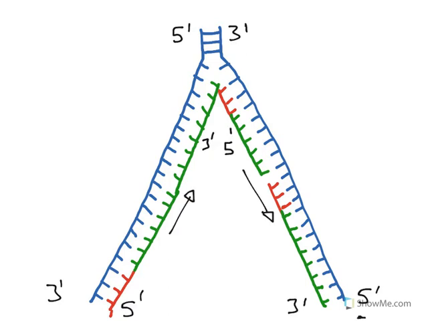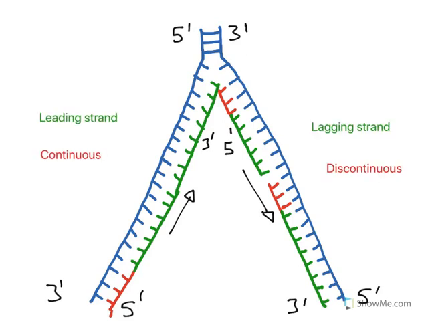So the strand being produced on the left is produced continuously by DNA polymerase, but the strand being produced on the right hand side has to be done in sections.